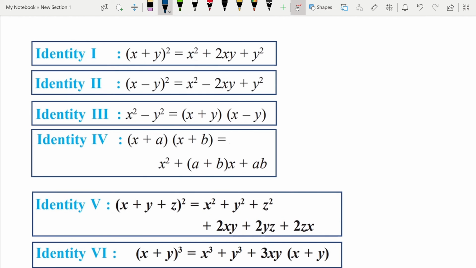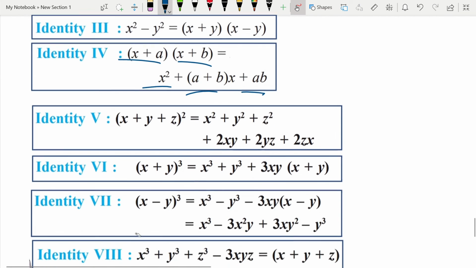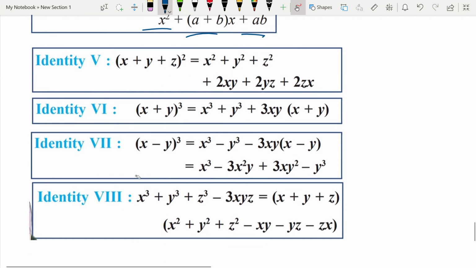Identity 3, x squared minus y squared is equal to x plus y in one bracket, x minus y in the other. Then identity 4, we have x plus a and x plus b in brackets, meaning x squared plus a plus b times x plus ab. You just need to remember these and practice, and then you'll know all the identities.